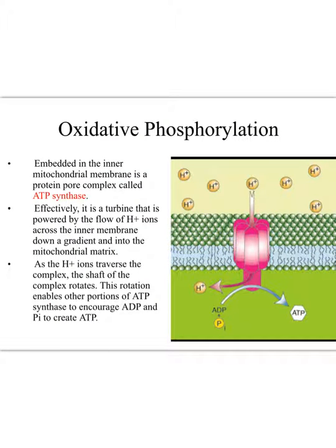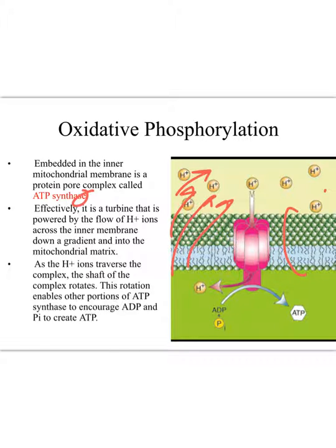Here is a closer look of that little proton pump. Again, this is an enzyme, and it's in the inner membrane of the mitochondria, and it's referred to as ATP synthase simply because, remember, the ASE means it's an enzyme, but it's producing ATP from ADP. So again, here is this crystal wall. This is going to be representing the matrix. And so what's happened is you've pumped all these hydrogen ions over into this side.